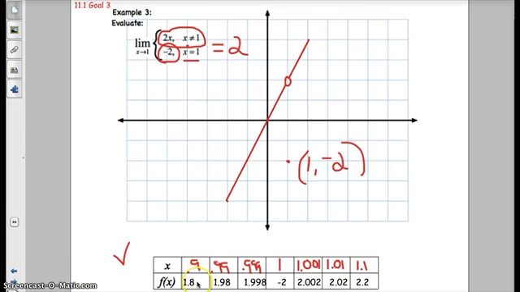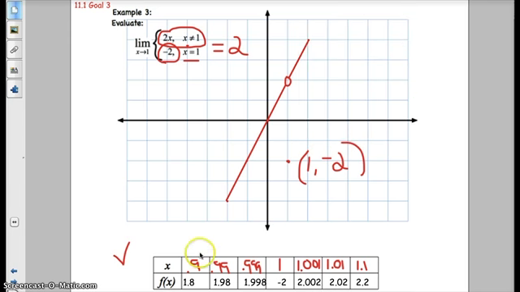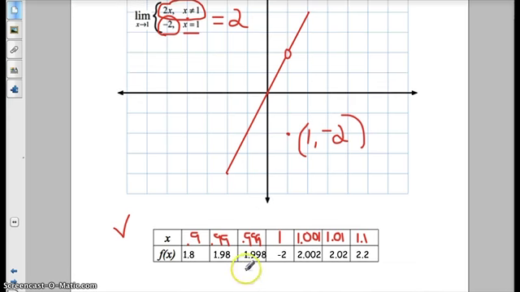Now that we have transferred the function values, or the y coordinates, onto our table, let's analyze. Remember, to calculate the limit, we check the limit from the left and from the right. So as x gets closer and closer to 1 from the left, y is approaching, we have 1.8, 1.98, 1.998. So y is approaching 2. As we approach from the left, y is getting closer and closer to 2.